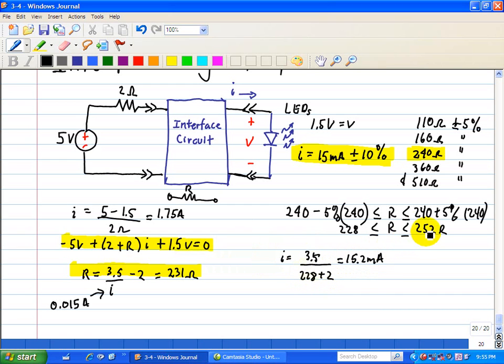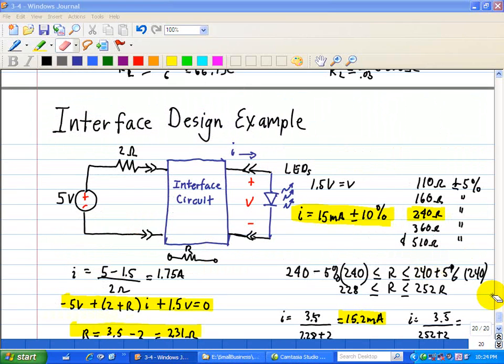Now the upper limit is 252 ohms, so I for that case would be 3.5 divided by 252 plus 2, which is equal to 13.8 milliamps.